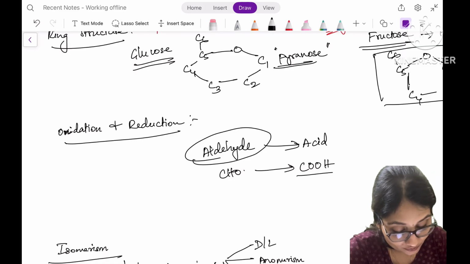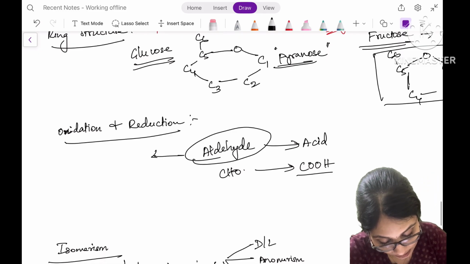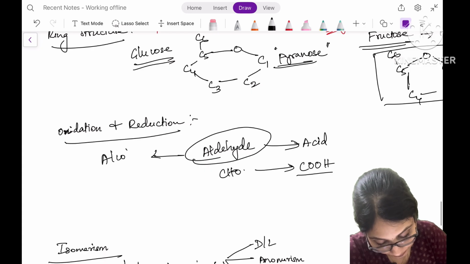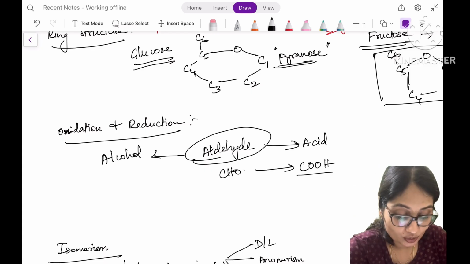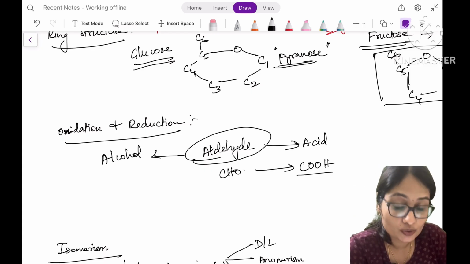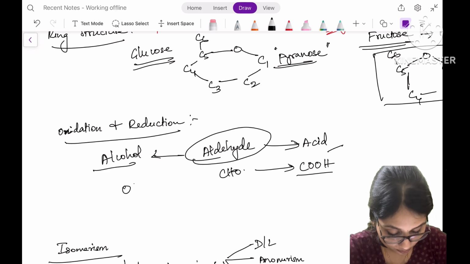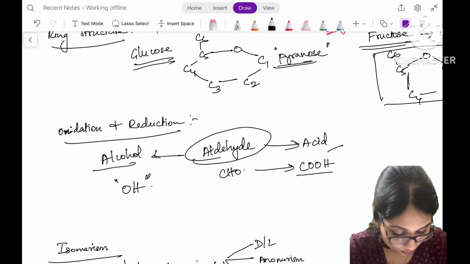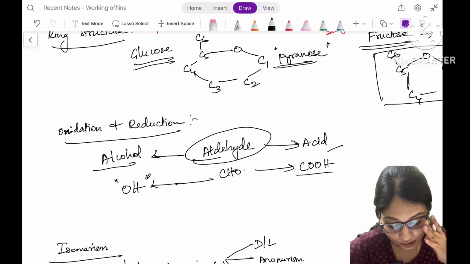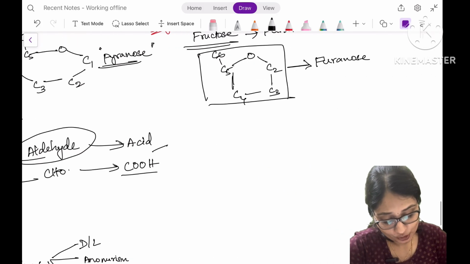If it gets reduced, it results in the formation of alcohol. So an aldehyde on oxidation gives you acid, on reduction gives you alcohol. This is simple, the functional group of alcohol is OH, something you would have known from school. Now let's see what happens to glucose.